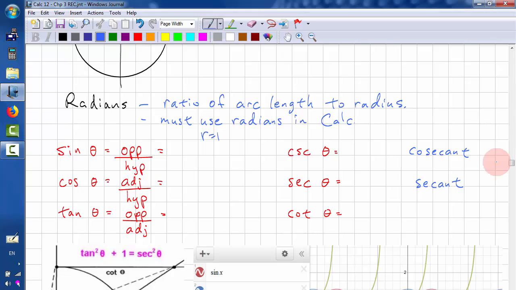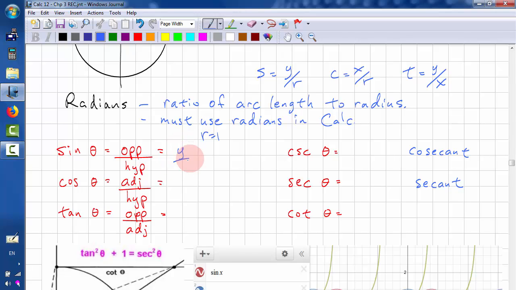Okay, so the best way to memorize our unit circle is with SOH CAH TOA. Sine is y over r, cosine is x over r, tangent is y over x.